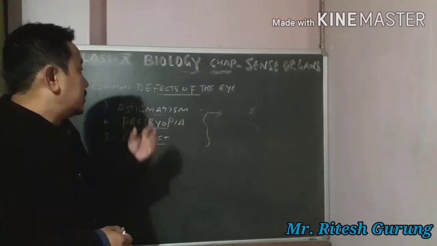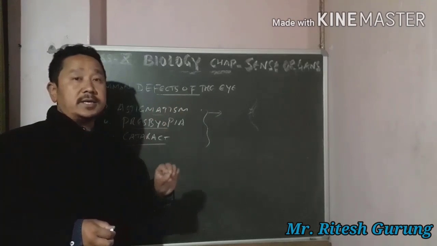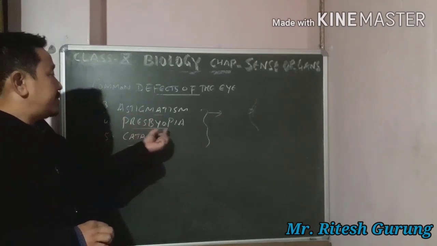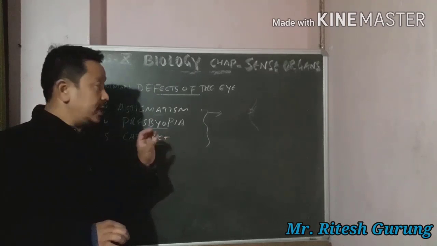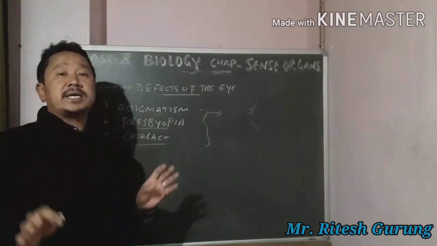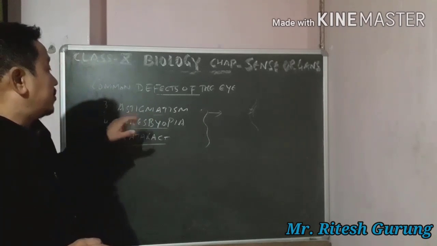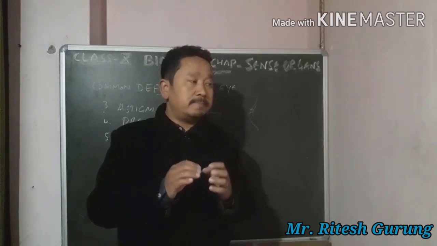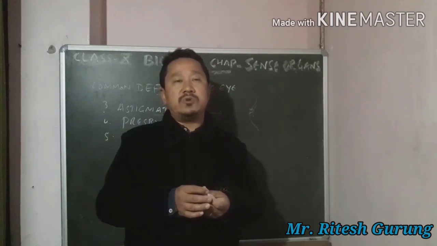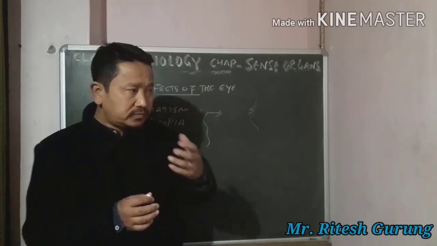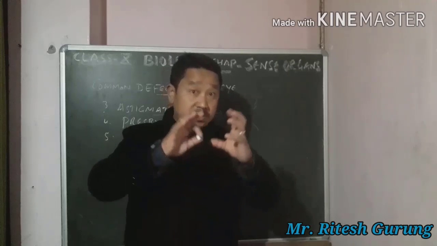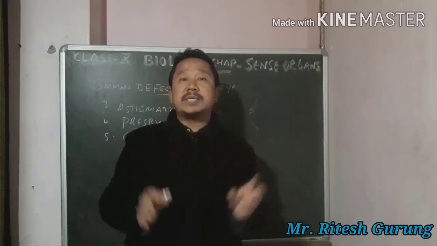All right, the other three common defects of the eye in the syllabus are astigmatism, presbyopia, and cataract. Here the diagrams are not needed. Number one is astigmatism, a condition in which some parts of objects are seen clearly, in focus, whereas other parts are seen blurred.